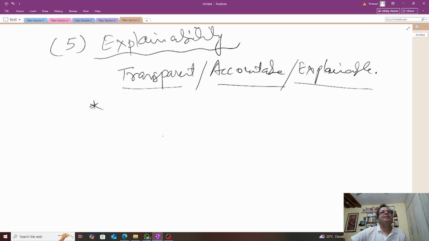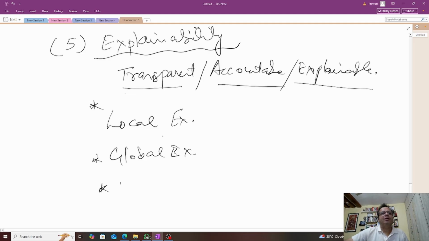Now this explainability can happen at multiple places. There is local explainability, there is global explainability, and then there is model specific explainability.